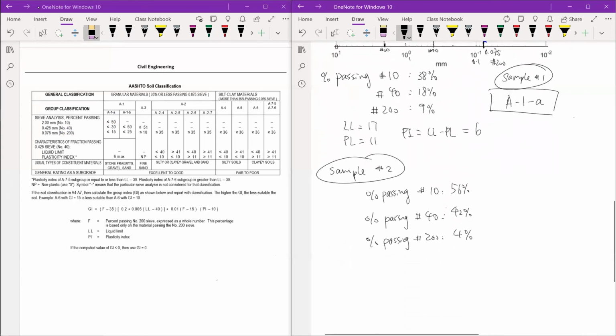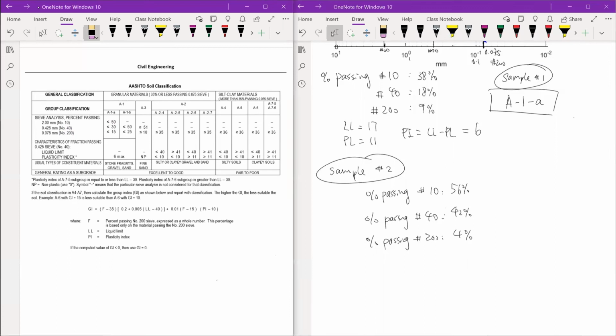So we put all this information together again for our AASHTO manual. For number 10, it is greater than 50%, so it does not fulfill A-1-A.